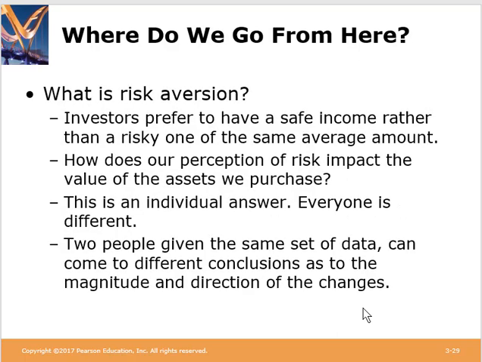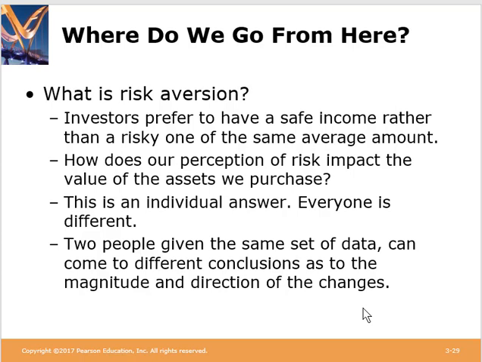The challenge of this is we have something referred to as risk aversion. Investors prefer a safe income rather than a risky one. So how does our perception of risk impact the value of the assets we purchase? And the answer is simple, but it's very complicated. Everybody is different. Everybody has a different sensitivity, if you will, to risk aversion.